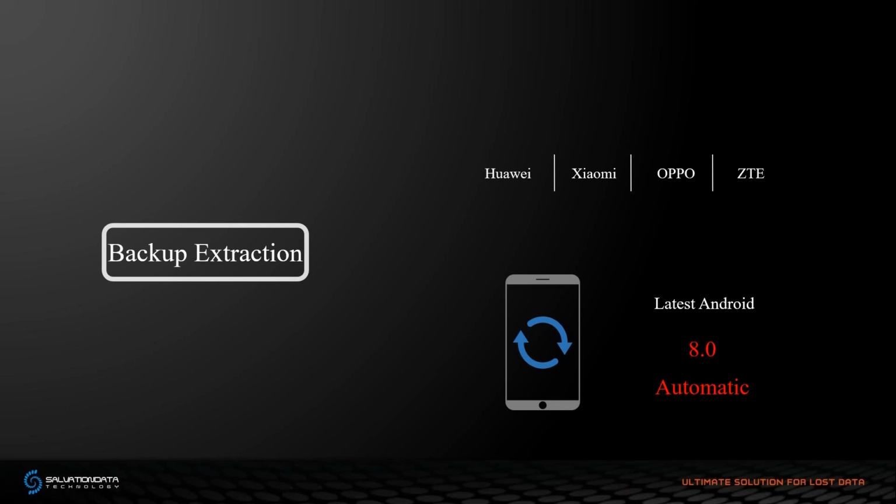Next one is backup extraction. Backup extraction is one of the most practical solutions to deal with a mobile device because this solution gives you access to app data without the need of privileged access like root or jailbreak.